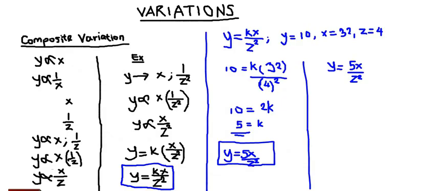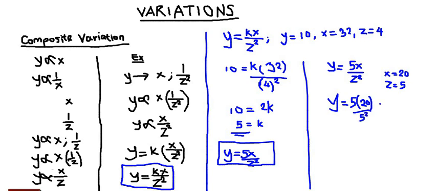So when x is 20, z is 5. Okay. So y, we simply substitute, y will be 5 times 20 and z is 5, which means 5 squared.